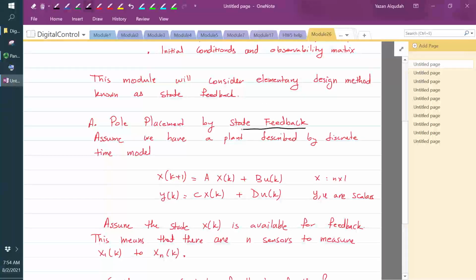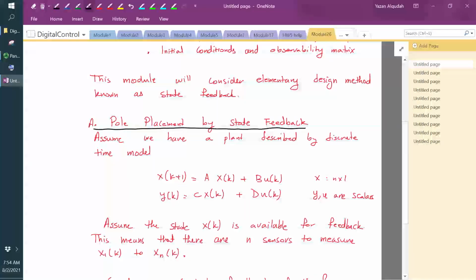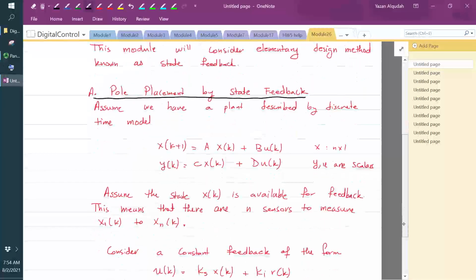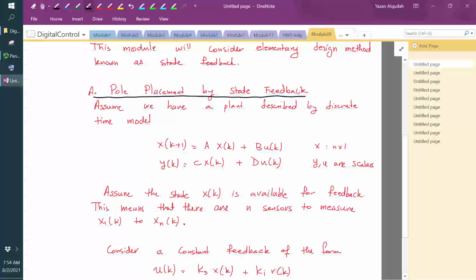And what we're going to be doing, assuming that we have a plant that is described by the state space representation, this is the state space representation we're familiar with. We have the input, U, and we have the output, Y. And we're going to also assume here that we have access to the states.